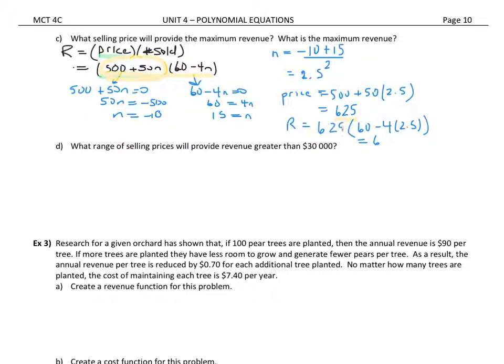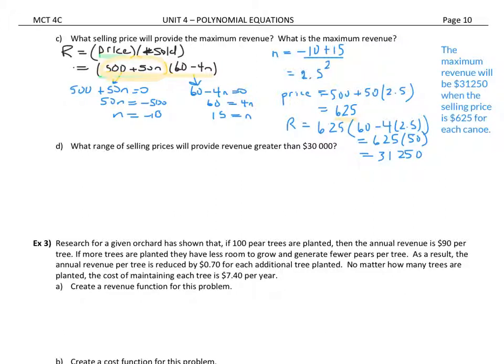So 625 is multiplying the 50 that I get out of the 60 minus 4 times 2.5, and then we get an answer of 31,250. So that would be the revenue, the maximum revenue for that question.